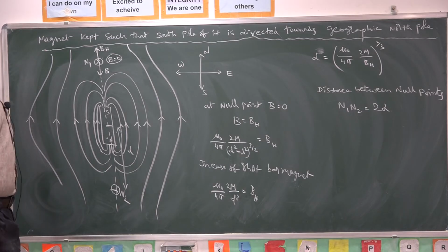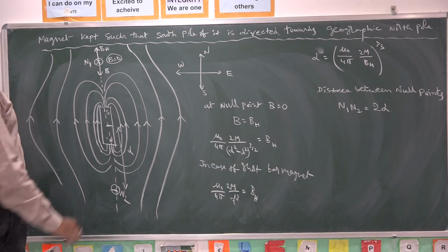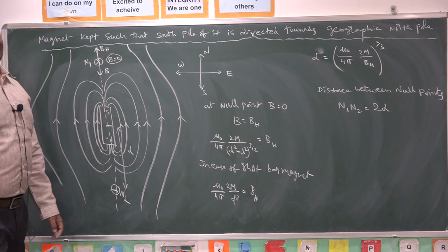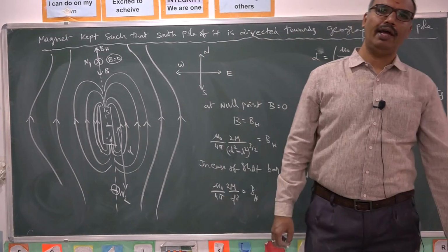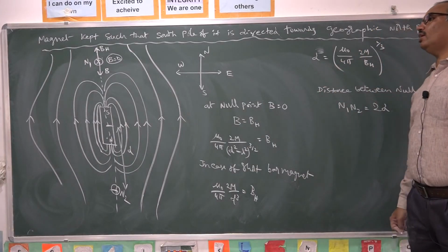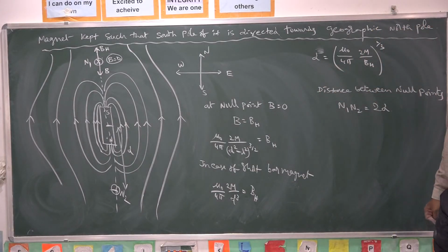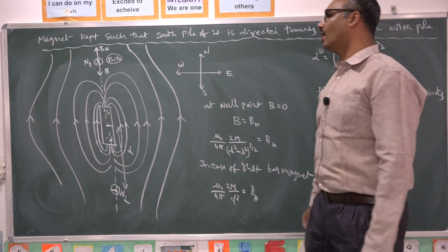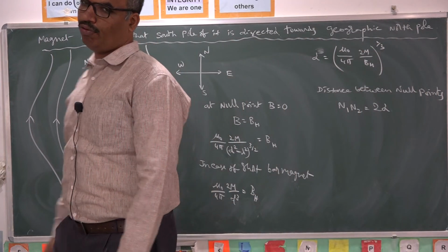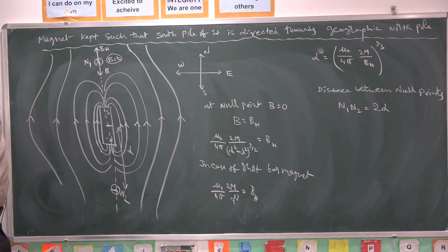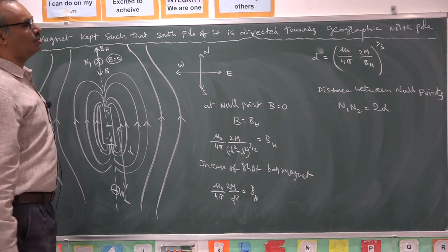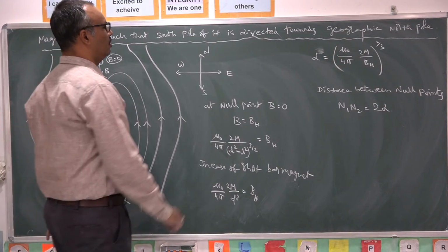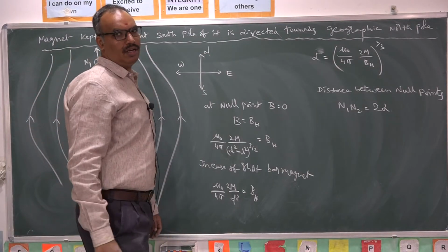The important point you should remember here is null points are located on axial line. Earlier, null points are located on equatorial line. Now, the null points are located on axial line. So, this is the trend of magnetic lines of force if you keep the south pole of the bar magnet directed towards geographic north.